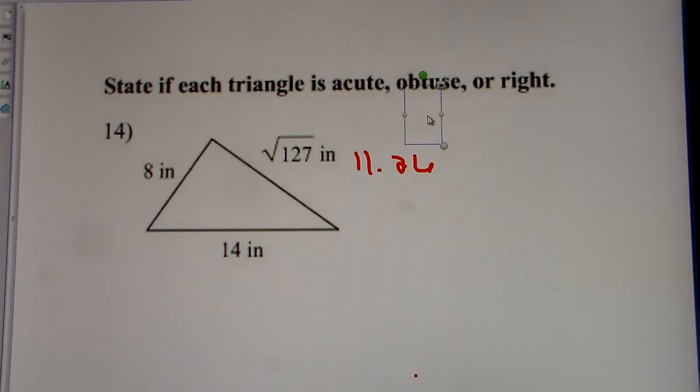So now we're going to use a squared plus b squared equals c squared, where the biggest value always goes in for c.